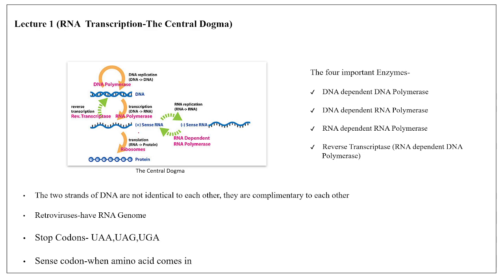This is the central dogma of life. DNA to DNA is known as replication. DNA to RNA is known as transcription, and RNA to protein is known as translation. Is it clear?